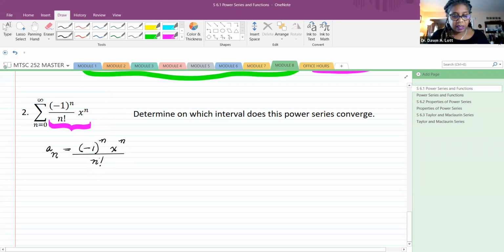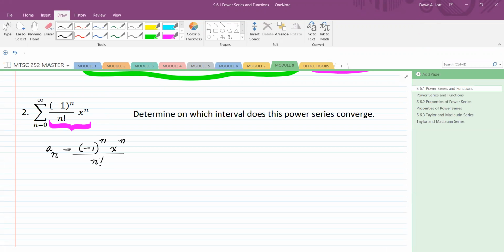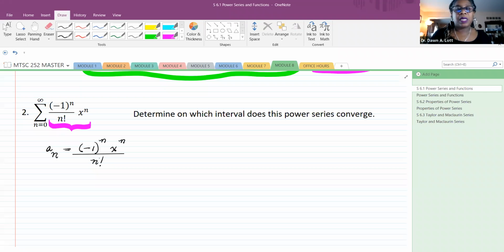Now, if that is my a_n, what test am I going to use to determine whether or not the series converges? This is the ratio test. I am going to use the ratio test. Thank you very much, Rodney.